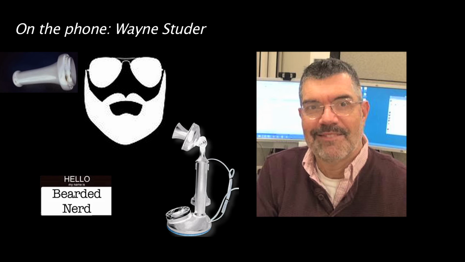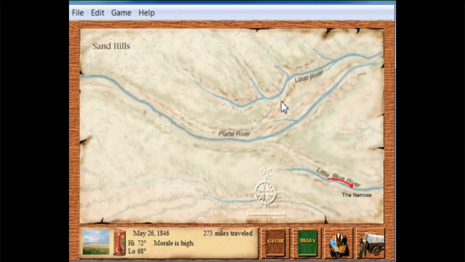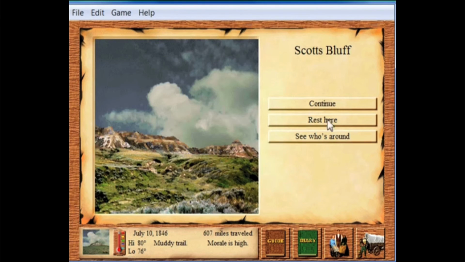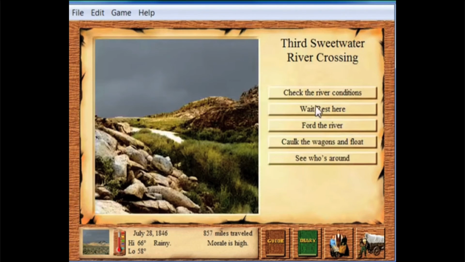We greatly expanded the number of landmarks along the way. With Oregon Trail 2, there were scores of landmarks. I don't remember the exact number off the top of my head, but it was pushing 100. We also incorporated more characters that you could meet along the way.